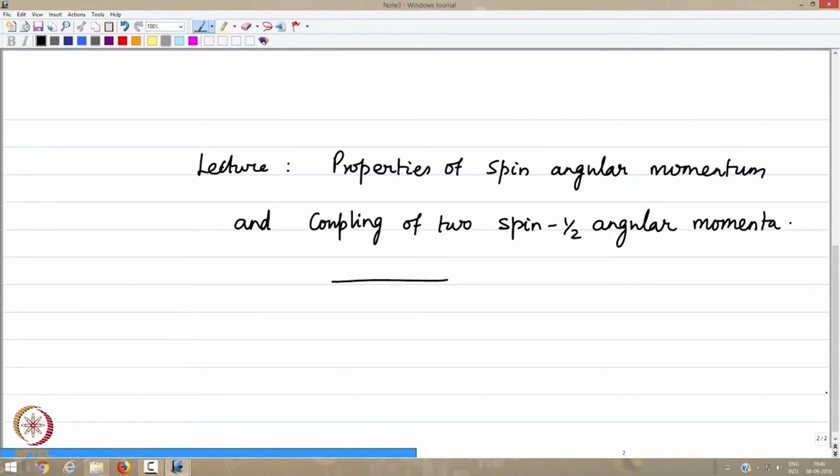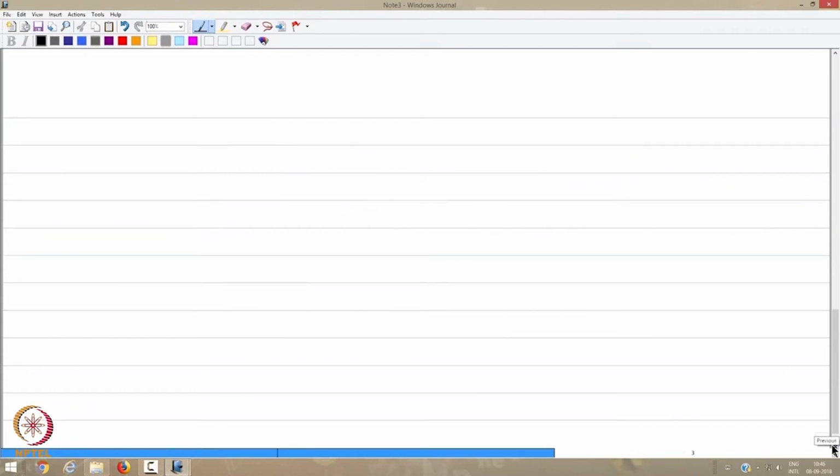In this course, of course, the importance is to the interaction between two electrons or two angular momenta of two spin 1 half systems. Let me first restate or recall what we wrote down in the last couple of minutes of the last lecture.